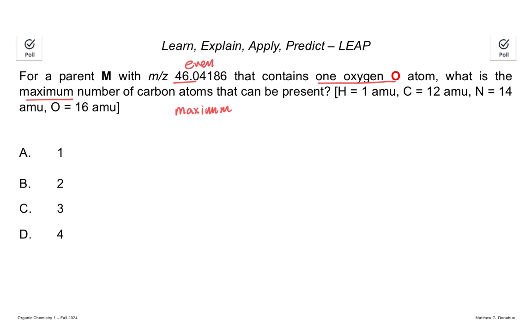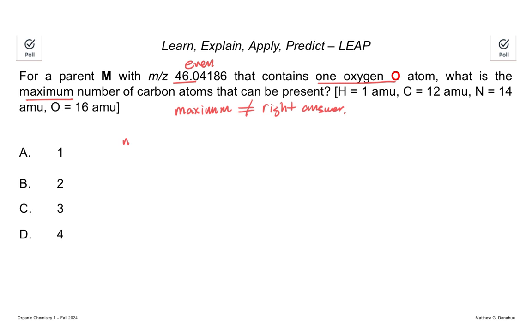Maximum does not necessarily have to equal the right answer. Again, because we're just bracketing, what's the maximum number of carbons we have? We run through the exercise, does it make sense? If not, we knock that number down 1 digit.